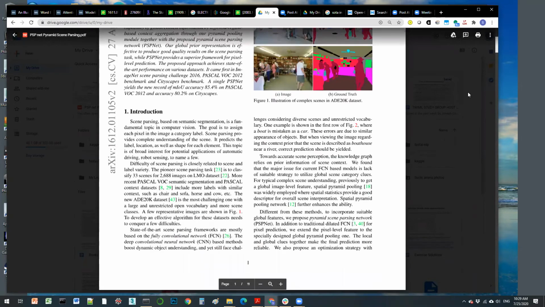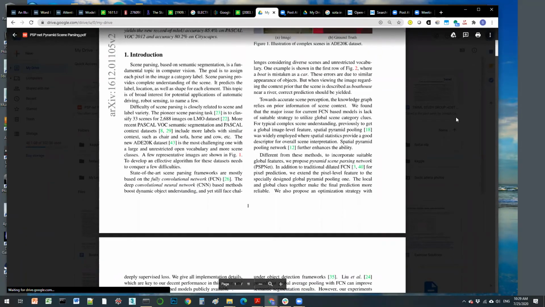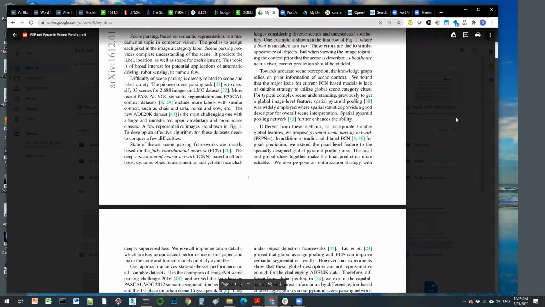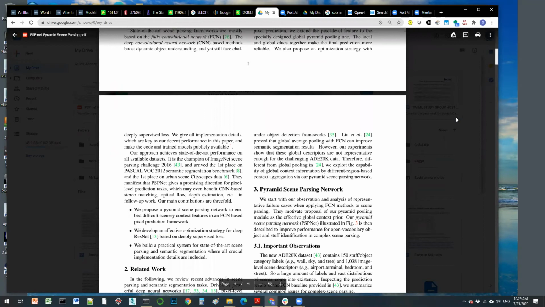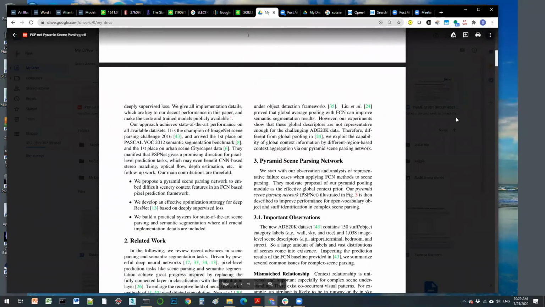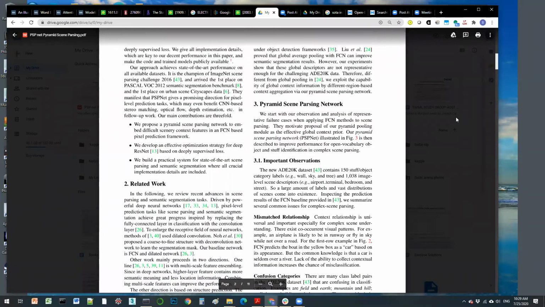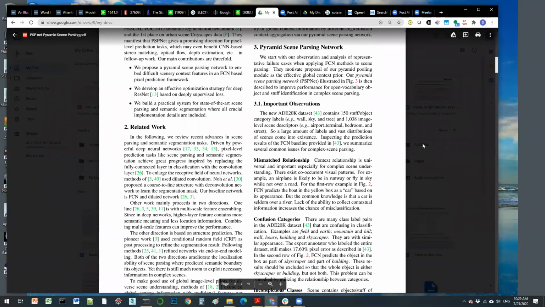I think the introduction is that they're giving different methods, and they've had an earlier version of this paper, I believe, and this is the actual final implementation of their ideas, eventually called pspnet. And I think in related work, they talk about at least the next paper that we would want to review, which is the DeepLab version 3+ paper.